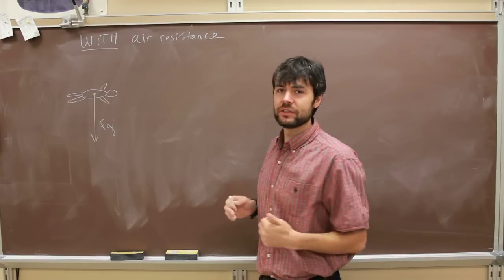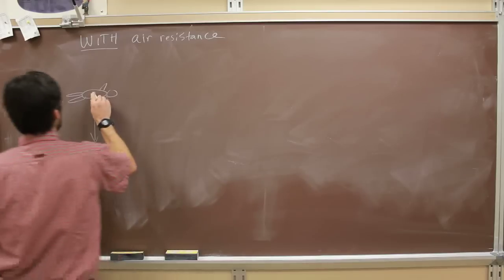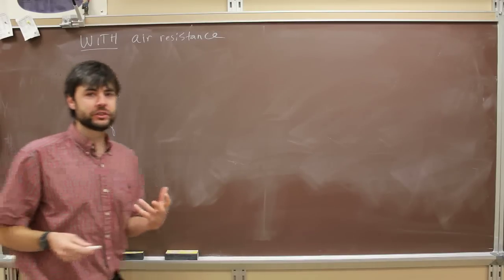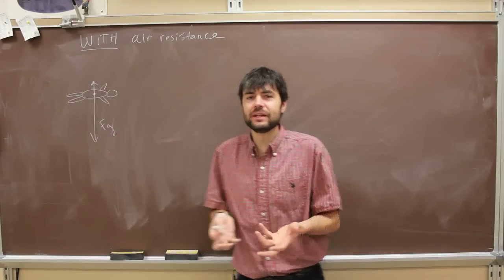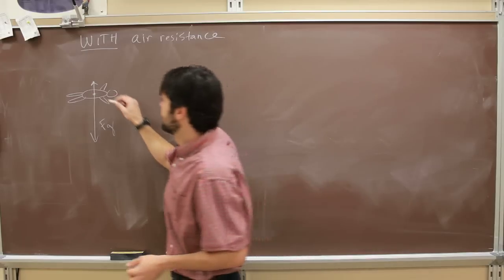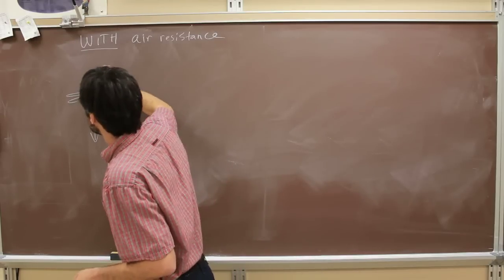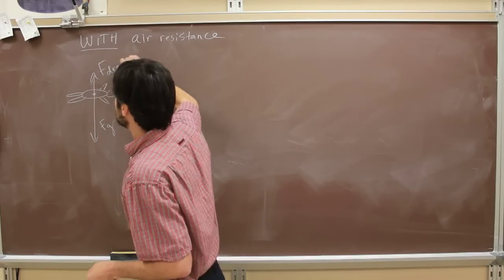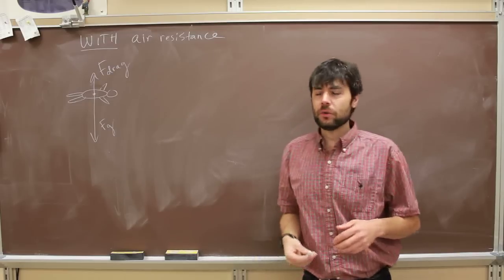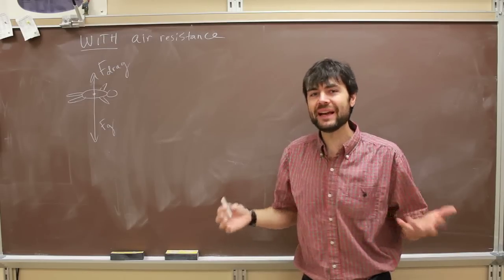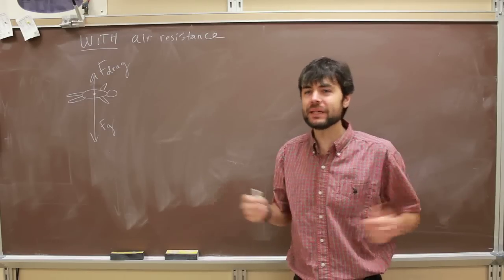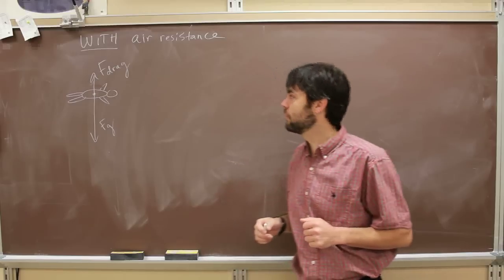But as they start to gain speed, this force, this drag force, is going to get larger and larger. So it's going to keep growing and growing and growing. So how fast are they going to go? What's their maximum speed that a skydiver can fall at?